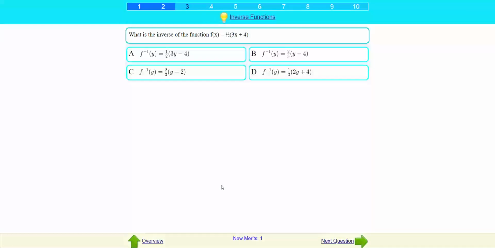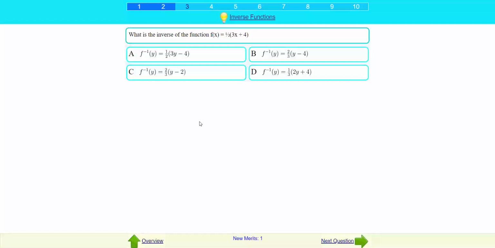Next question. What is the inverse of the function? So we've got y equals half 3x plus 4. Now, in order to solve for this, 2y, there's no domain here, so 2y equals 3x plus 4.